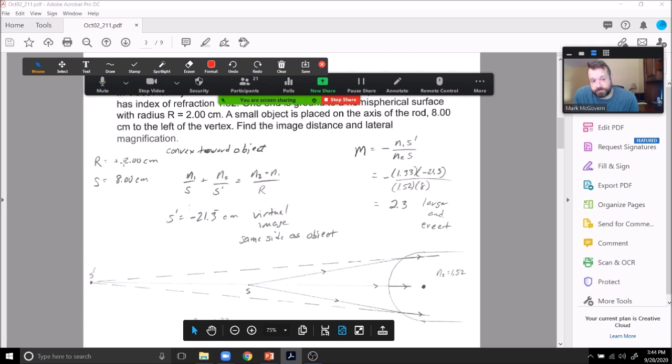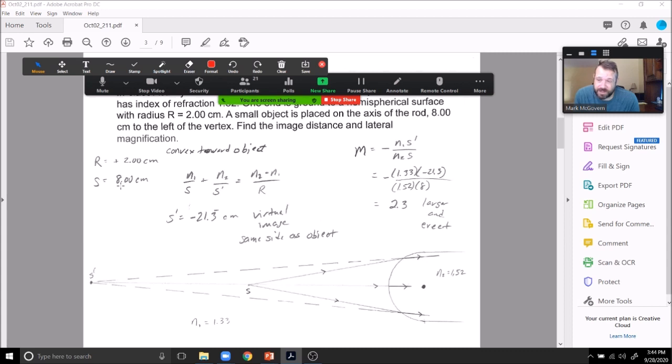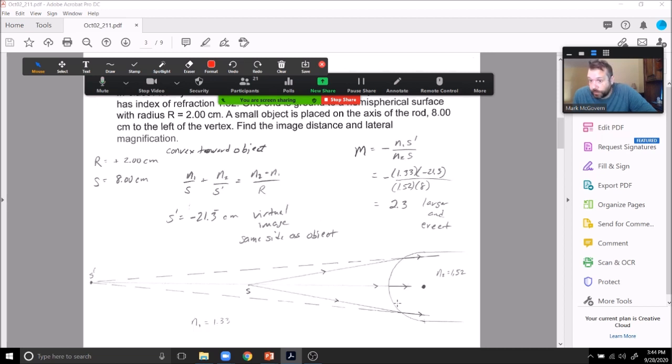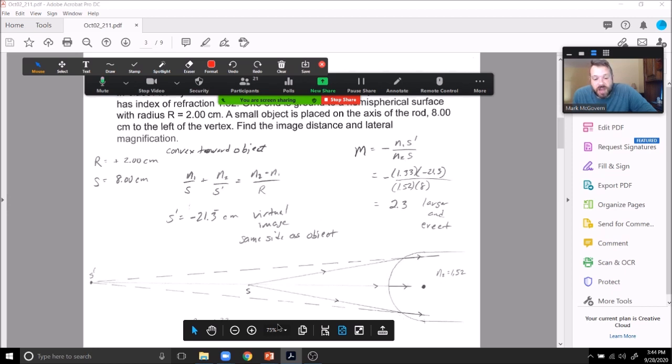R is still 2. Image distance is still 8. But here's the thing. When we had air, there was enough refraction that the light rays started to converge. And that's good, because when they converge, they're going to form an image, a real image. But these rays that are initially divergent away, they hit the surface with glass, and there's not enough difference between the indexes of refraction now.